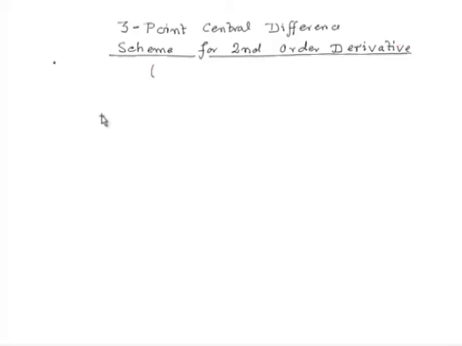The grid is supposed to be uniform, and let us use symbol delta x to denote our grid size.